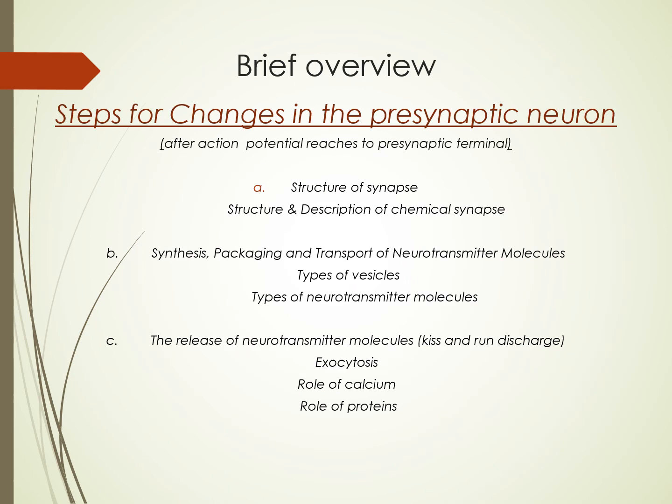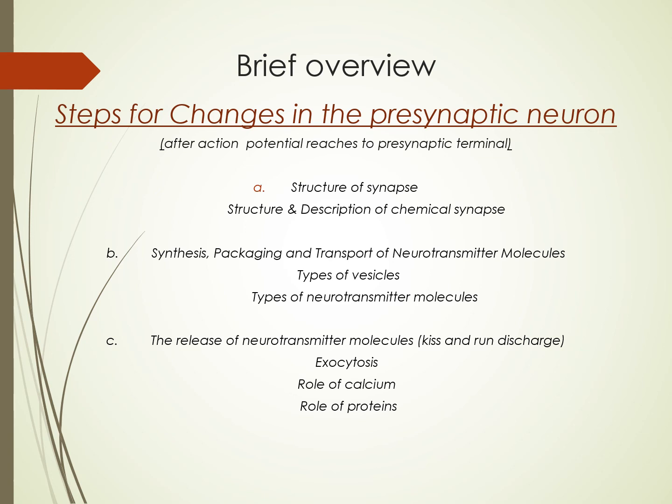Here is a brief overview of the changes in the presynaptic neuron when the action potential reaches the presynaptic terminal. What are the points we need to cover in that particular phase? First one is the structure of synapse, and within it we have already gone through the structure and description of chemical synapses.